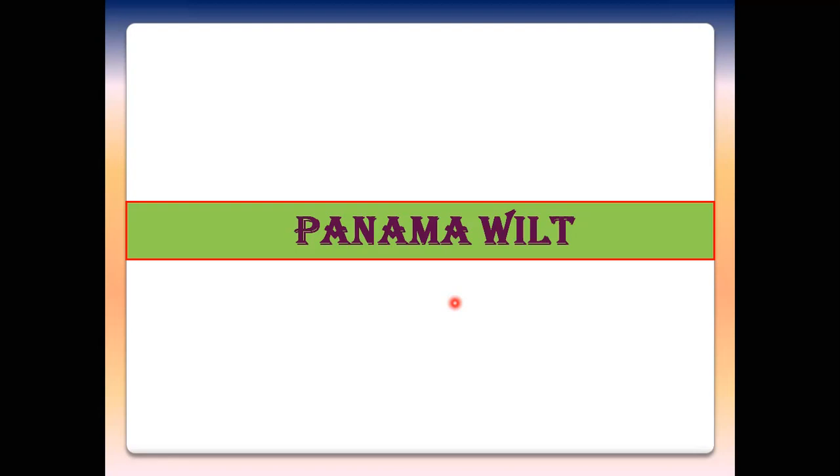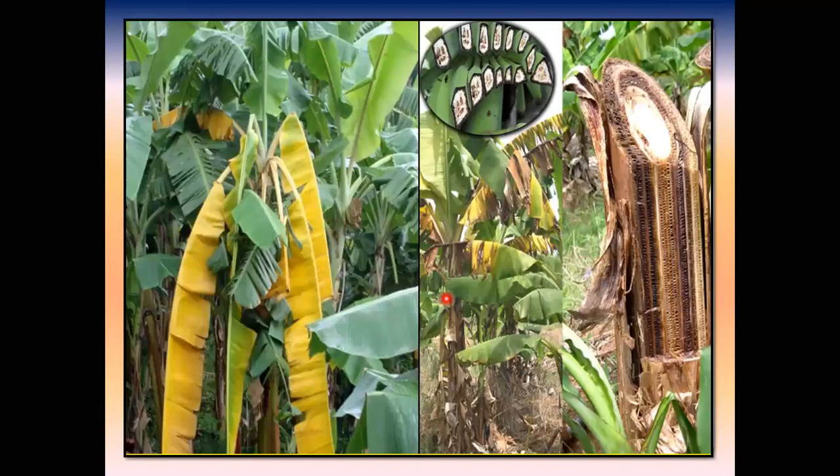So it destroyed 40,000 hectares of banana crops. It is now recognized as a devastating and the most important disease in Central America. These are the economic importance points behind Panama wilt.